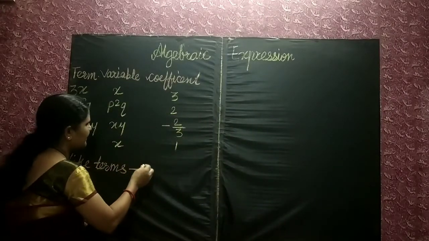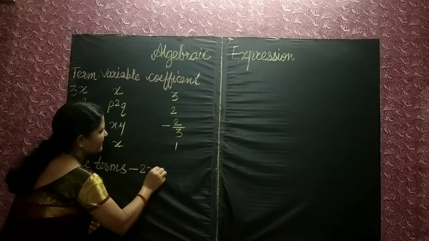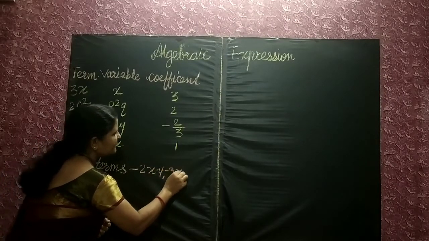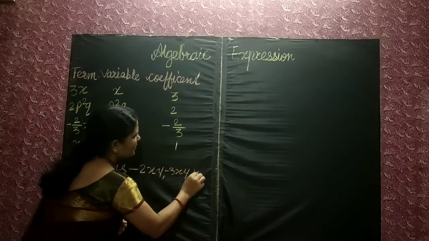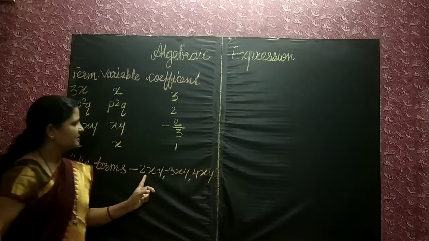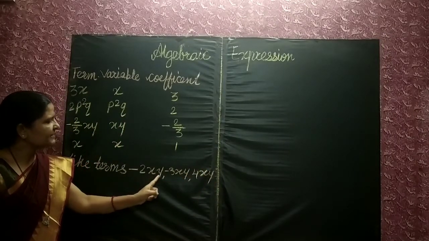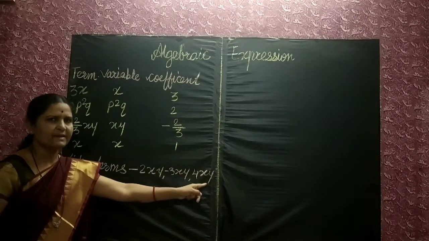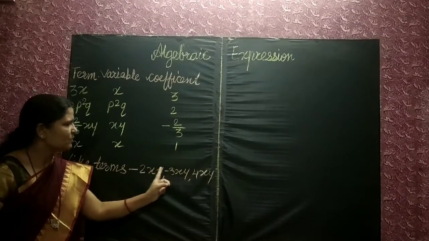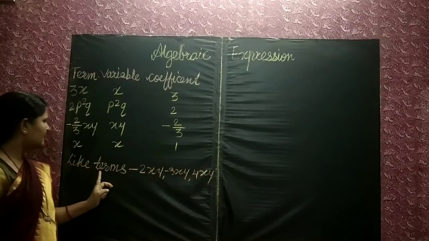For example, 2xy, minus 3xy, 4xy. Here 3 expressions are given. You can see the variables are xy, the same variables, and their power is also 1. So they are like terms.